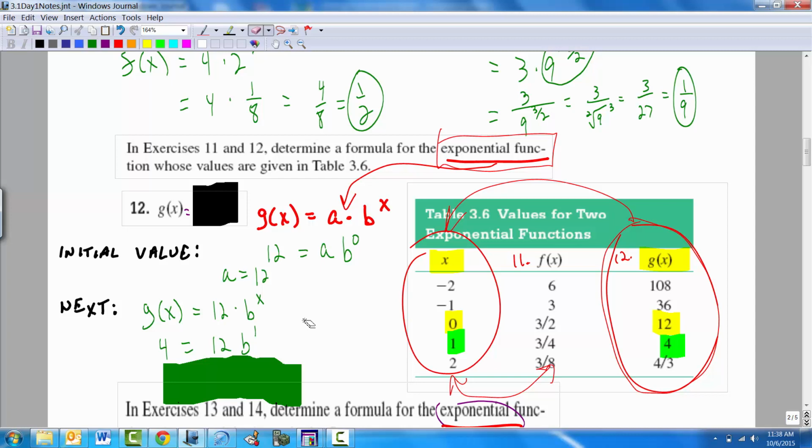Now, again, tomorrow, your initial value will be 0, your second maybe 10, and all I have to ask you is, how do you solve for b to the 10th? What do you have to do to both sides to solve for b to the 10th? How do you get b to the 10th to be b? 10th root it, which is a calculator question. So it's not hard what you're going to hit tomorrow with these crazy values that you might run into.